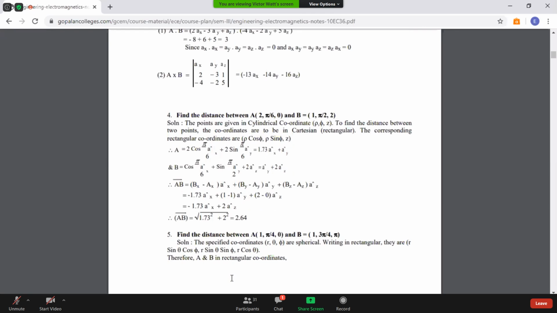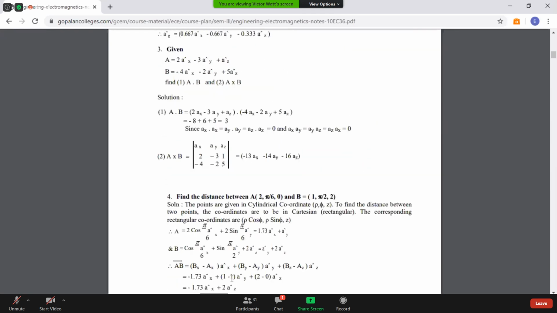All right. Sir, when I find why it is negative 14 AY, shouldn't it be positive? Because you're going to have 2 times 5 minus negative 4 times 1, so that will give you a positive 4 and a positive 10.